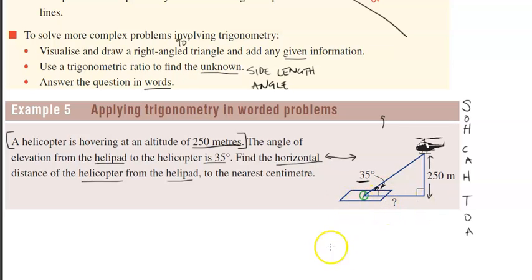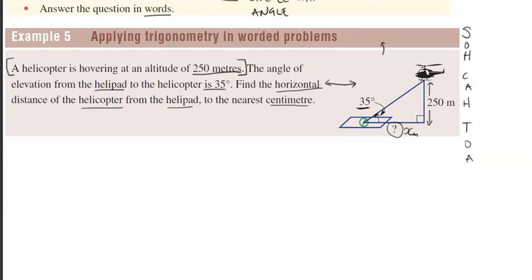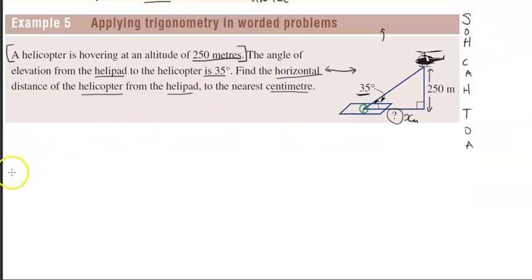So we're looking for a distance that goes across like this. In this case, we're looking for this here. This is X meters. We don't know what this is. And we're going to find this to the nearest centimeter, provided that the information is given in meters. So let's redraw this triangle and let's fill out what we do know.